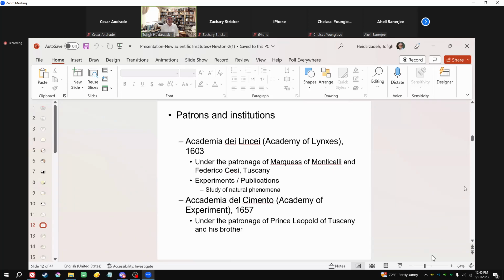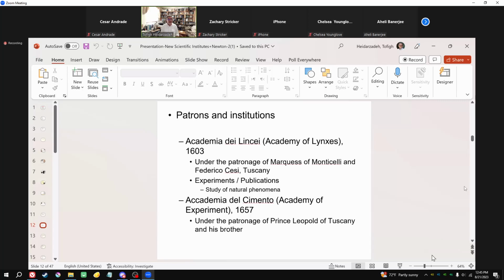If they pay these people and they invent a better navigation system, make a better telescope, or make better porcelain to sell and make money out of that. So all these things were combined together, scientific research and practical goals at the same time, which made a lot of activities flourish in this period.